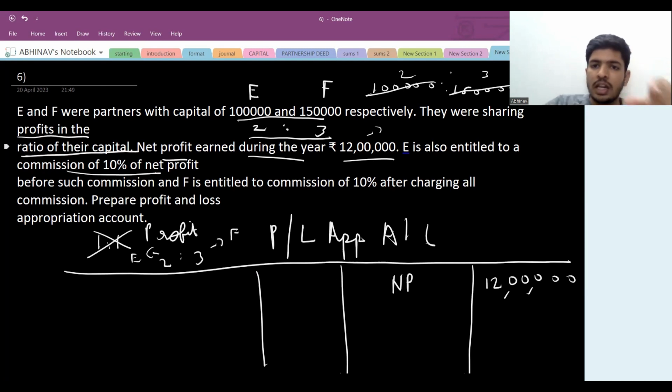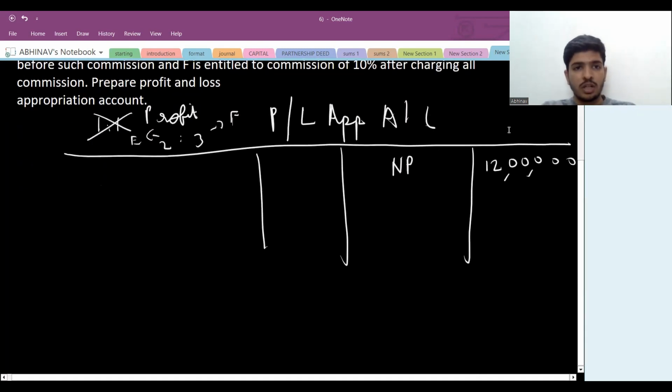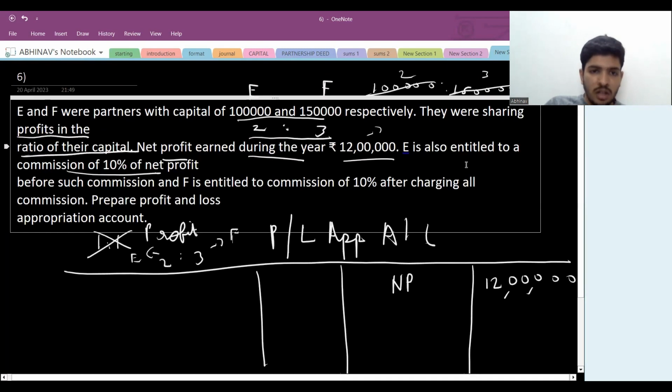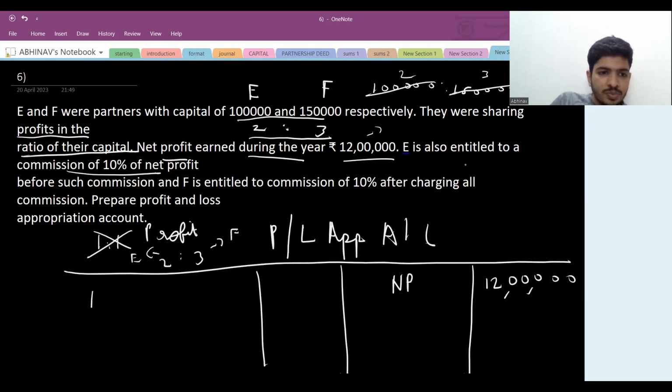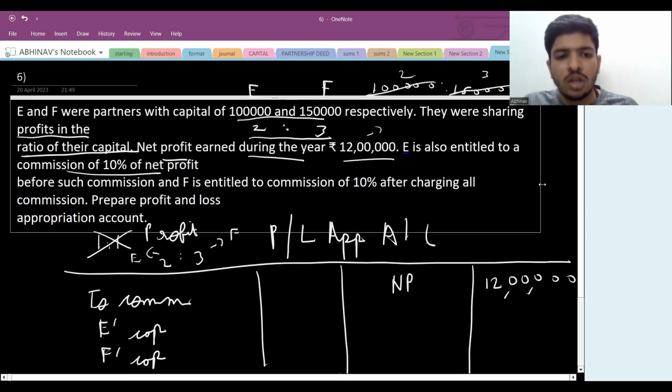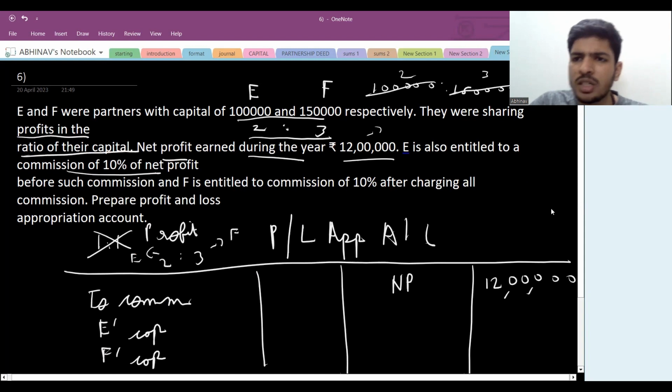Now, let's start with the solution to this question. Now we have to calculate commission. Since both of them will get commission, how do we solve it? We assume it's fluctuating capital because they didn't mention if it's fixed. We'll do a lot of fixed questions also. But if we do fluctuating, there's not much of a difference.